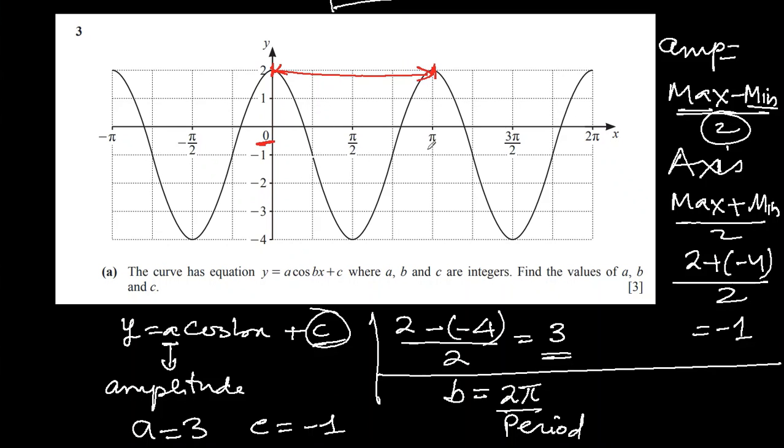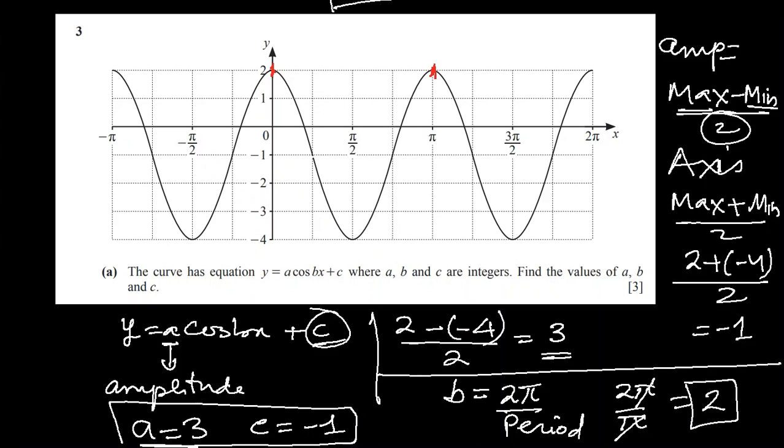And this is 0, this is pi. The difference between them is pi, and that's why our period is pi. So we can write that b is 2 pi over pi, where pi and pi cancel. B is 2. We found all three of them.